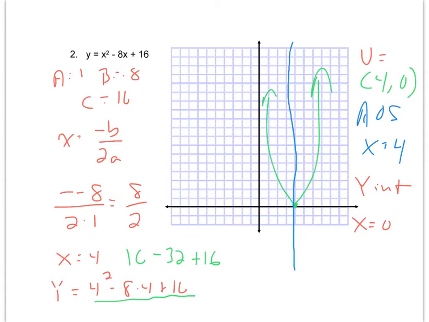So my y-intercept, let me get my marker, is going to be positive 16, because when x is 0, we get positive 16, so my y-intercept is going to be way up here. If I were to extend my curve, it would look like that.